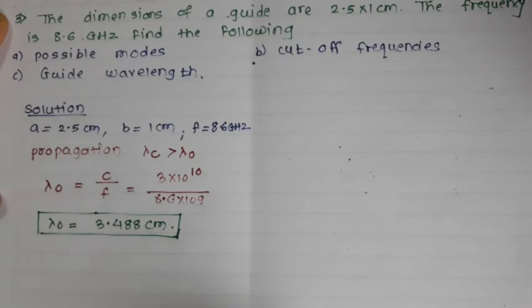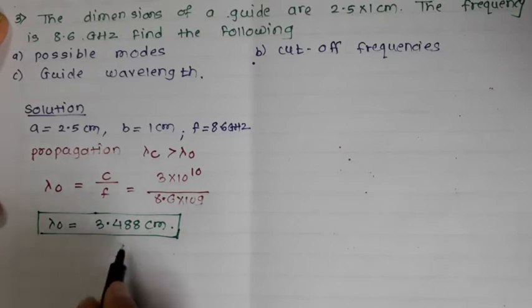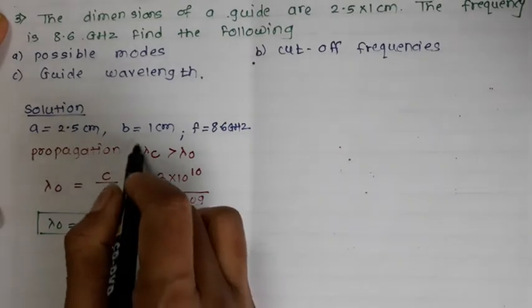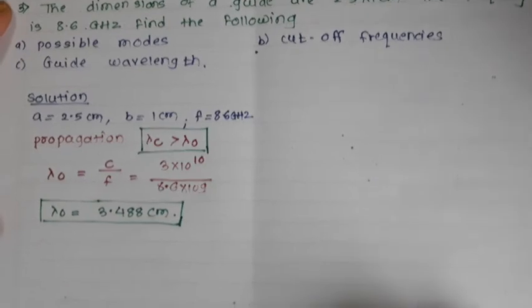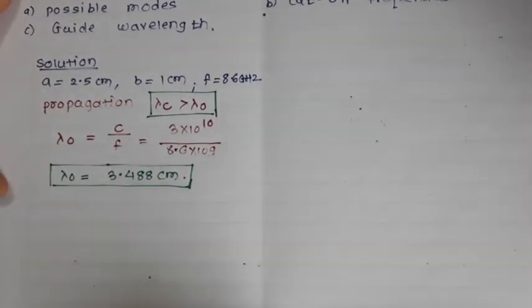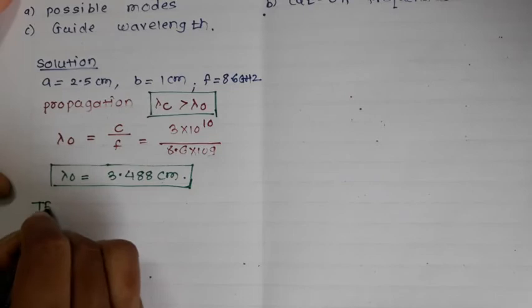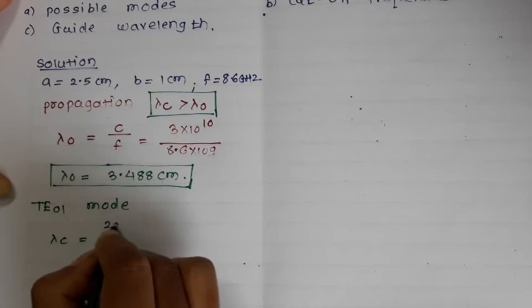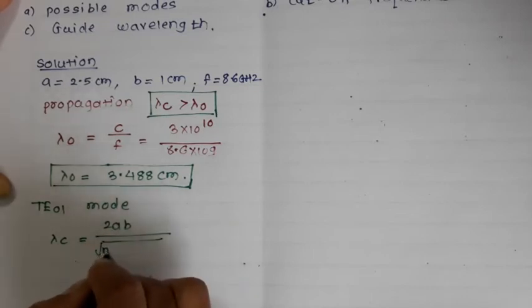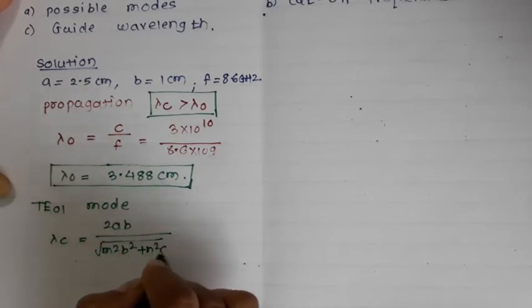So here you can see your frequency is 8.6 gigahertz. Your lambda 0 you have calculated. Now the first thing we are going to calculate is the possible modes. So we'll talk about the TE wave. Okay, so the condition is lambda C must be greater than lambda 0. If you talk about the TE mode, TE00 is not possible. So we'll talk about the 01 modes. In the 01 mode, lambda C is twice AB over the square root of M square B square plus N square A square.